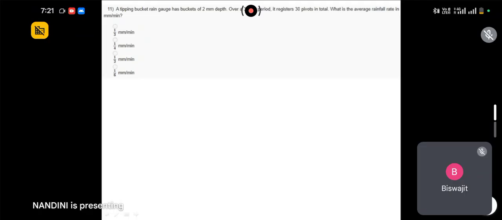Once it fills, it drains. After it fills up to a particular level, the rainfall drains.